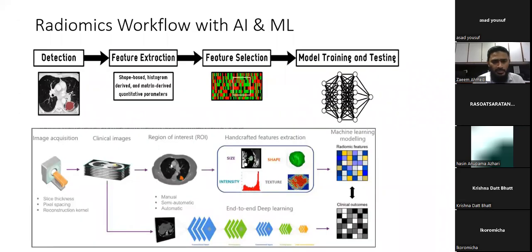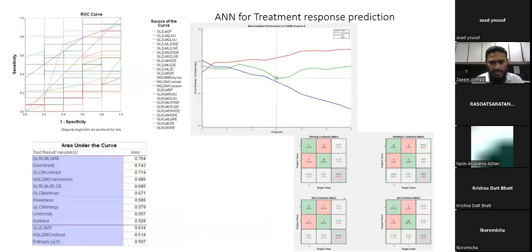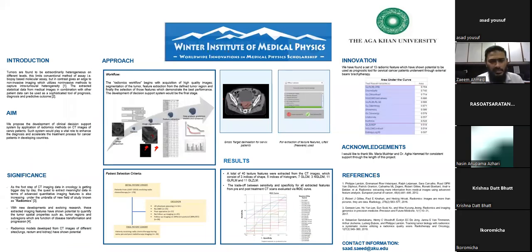Okay, so what we were doing at AKU as a radiomics project: we have patients with cervical cancer, around 230 patients. We separated patients on the basis of pre-treatment CT and post-treatment CT scans, and we contoured the GTVs for pre and post-treatment scans.